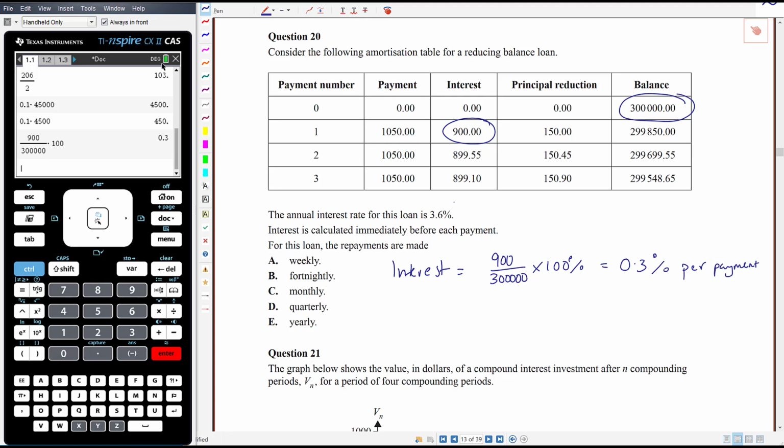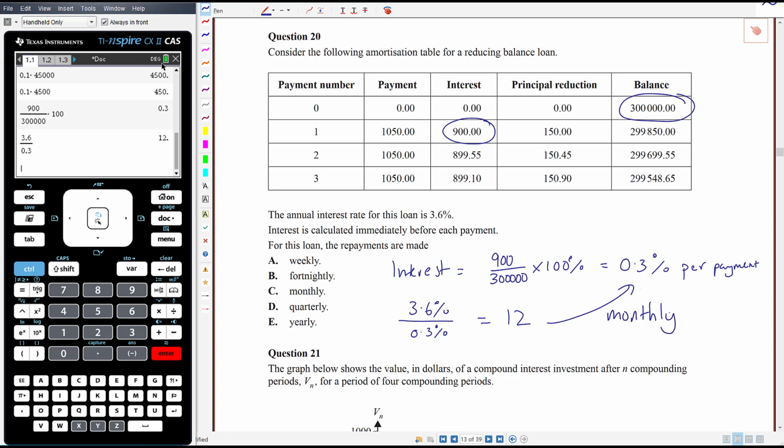So if we know that the interest is 3.6% per annum, we want to work out how many 0.3s are there in 3.6. So 3.6 divided by 0.3 is 12. And so that means that this is 1/12 of the annual interest rate, and so therefore this is a monthly rate. Okay, so option C.